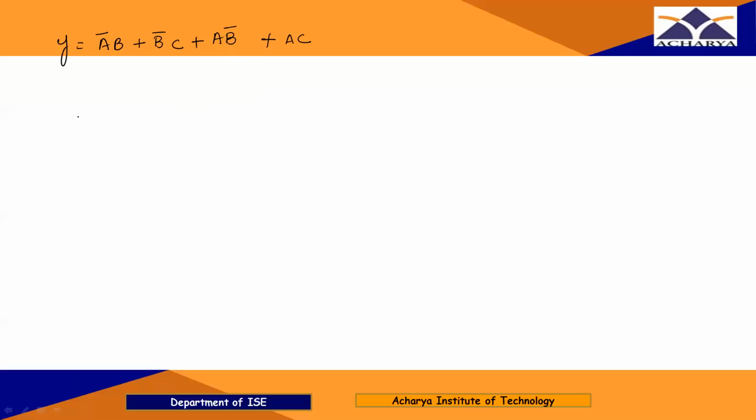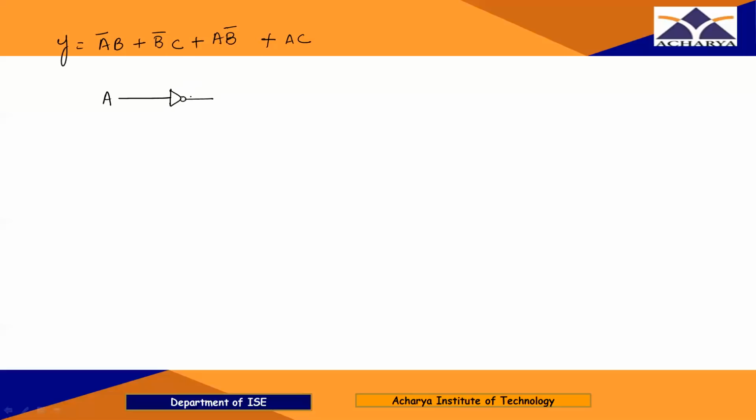Now I have to draw the circuit. Now in today's class I have explained only two input pin diagrams and three input pin diagrams, right? So based on that you have to think and write the circuit now. Since I have taught only the two input and three input gates, right? So you cannot use 4 input gates now, right? Now I'm going to draw circuit for this. So this is A bar.